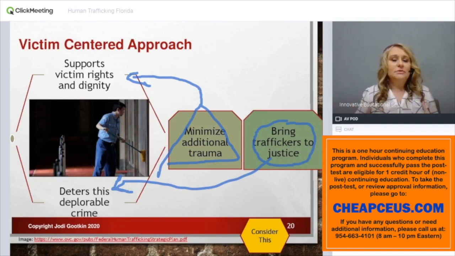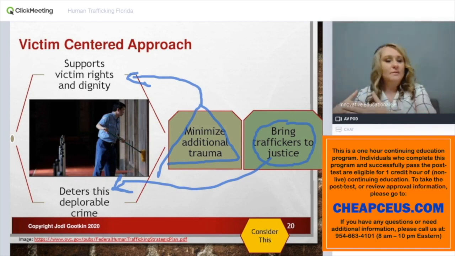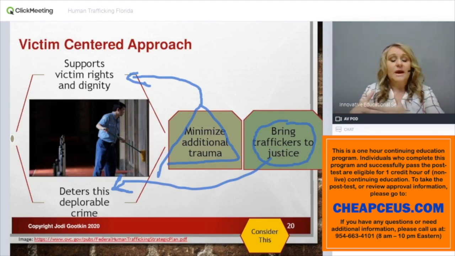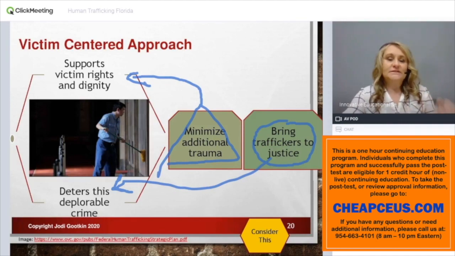So it's a balance in terms of encouraging the individual to provide information to law enforcement that's necessary to help identify and bring the traffickers to justice, but not re-traumatize them, because the really important thing is to get them out of that situation and get them back into a typical life that they are entitled to. This victim-centered approach is recognizing the fact that the individuals become trapped by circumstance and what different aspects are necessary to improve it.